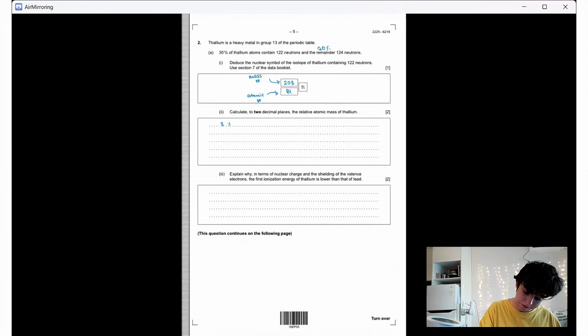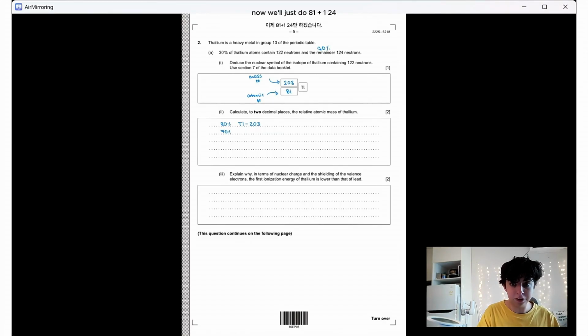I'm going to say TL 203. And then we're going to have 70% of, now we'll just do 81 plus 124, so that'll be TL 205. So thallium 205. Then we're just going to take a percentage of this.